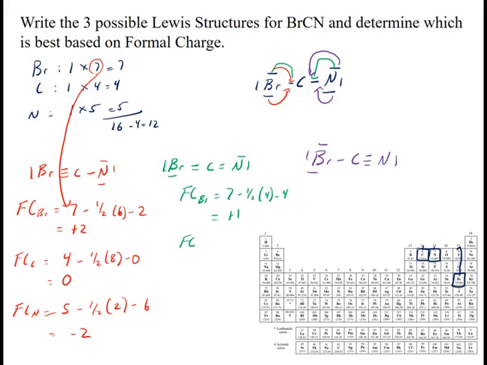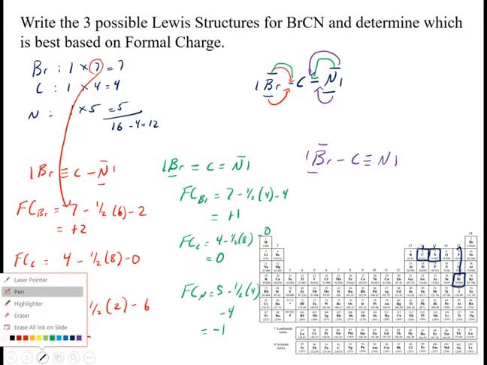The formal charge on carbon is 4 minus 1/2 of 8 minus 0 to give me 0. And the formal charge of nitrogen is 5 minus 1/2 of 4 minus 4. So 2 in the bond, which is 4 electrons, 2, 4, and 2 lone, 2, 4. Okay, so 5 minus 2 is 3, and so this is a minus 1.